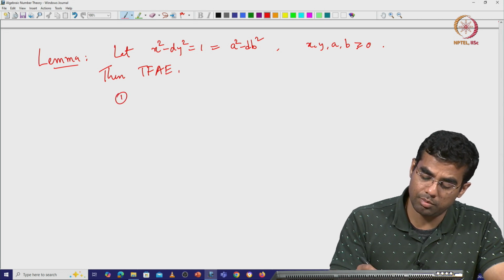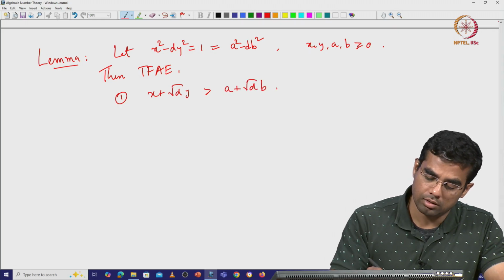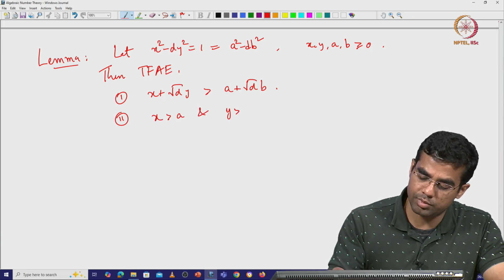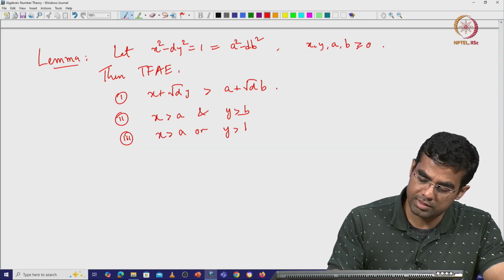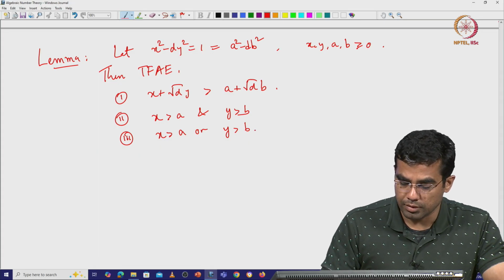The first statement: x plus square root of d times y is bigger than a plus square root of d times b. The second statement: x is bigger than a and y is bigger than b. And the third statement: x is bigger than a or y is bigger than b.